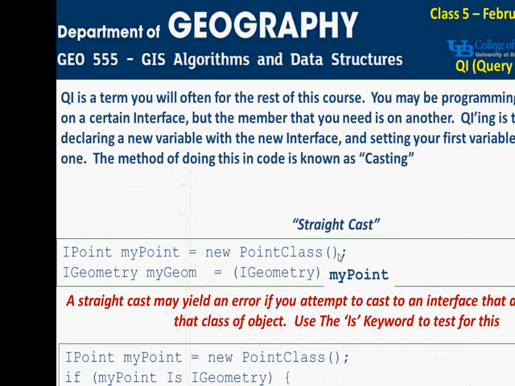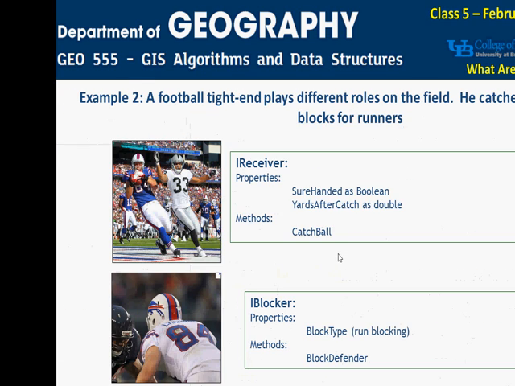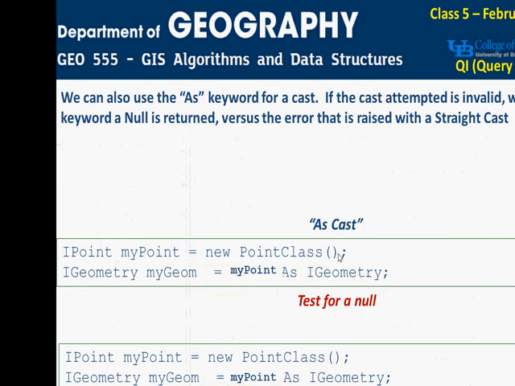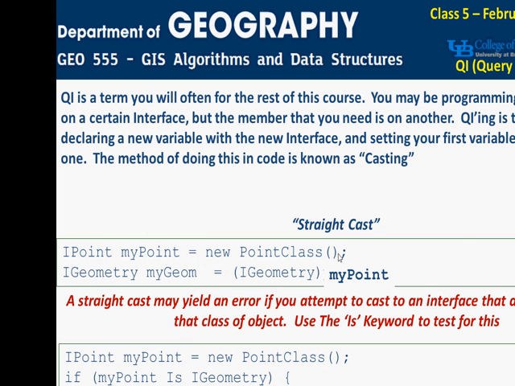And sometimes you have to cast between those. The example here would be that iReceiver is a specific interface where INFL player is more generalized. So iReceiver is a lot like the iPoint, INFL player is like the iGeometry. Or same thing even here where you have a specific like iShrike and a general interface iBird. You save the more generic things for the iBirds, the INFL player, or iGeometry.